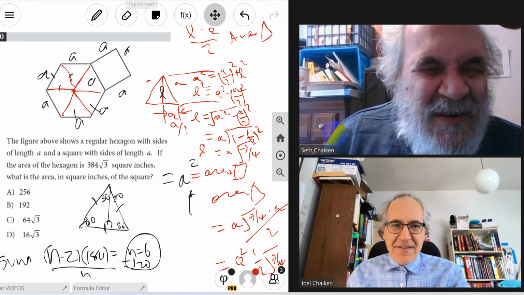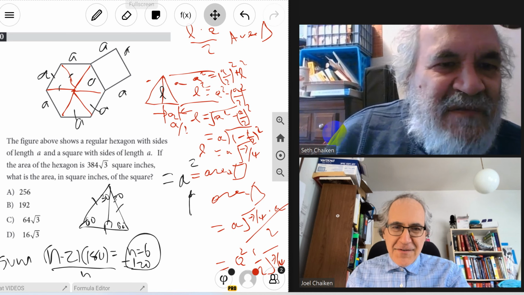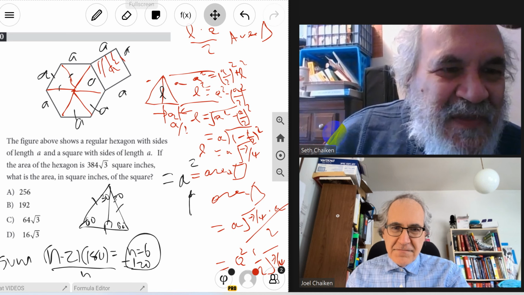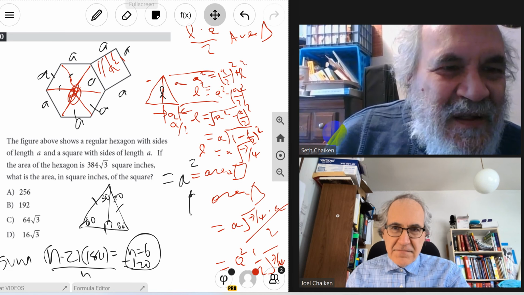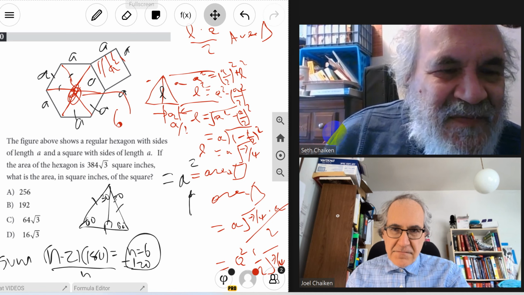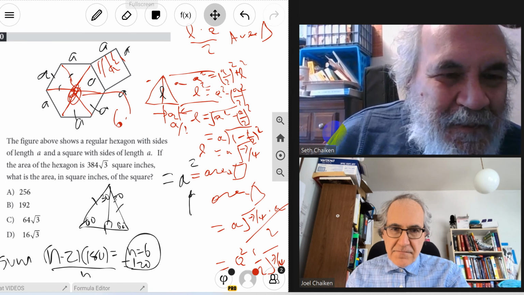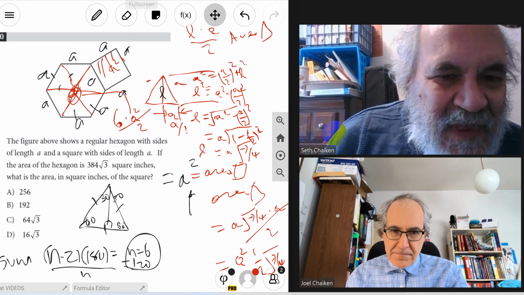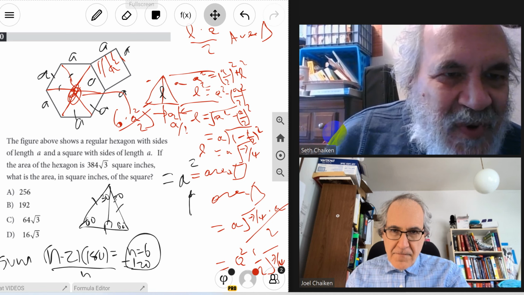So the area of the square is A squared, and the area of the hexagon is 6 times A squared times half of the square root of 3/4.